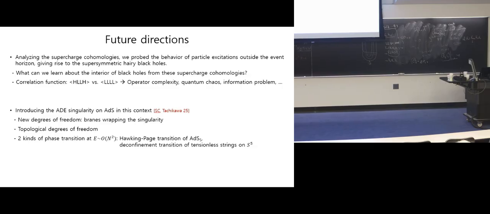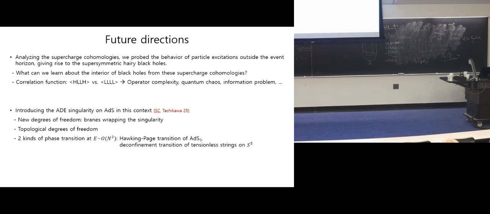Finally, in this context, you can introduce one more interesting thing. You can introduce an A-type singularity on AdS, which basically introduces new degrees of freedom in your quantum gravity spectrum, coming from the branes wrapping the singularity. So you now have three types of degrees of freedom: gravitons, black holes, and branes wrapping the singularity.